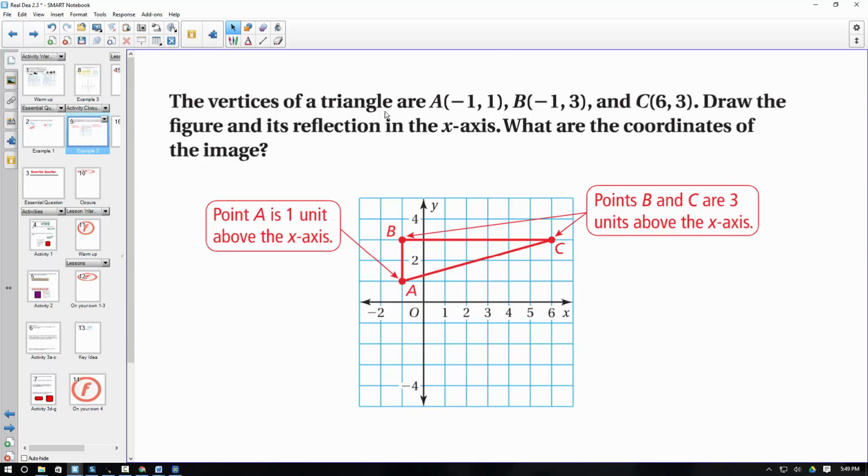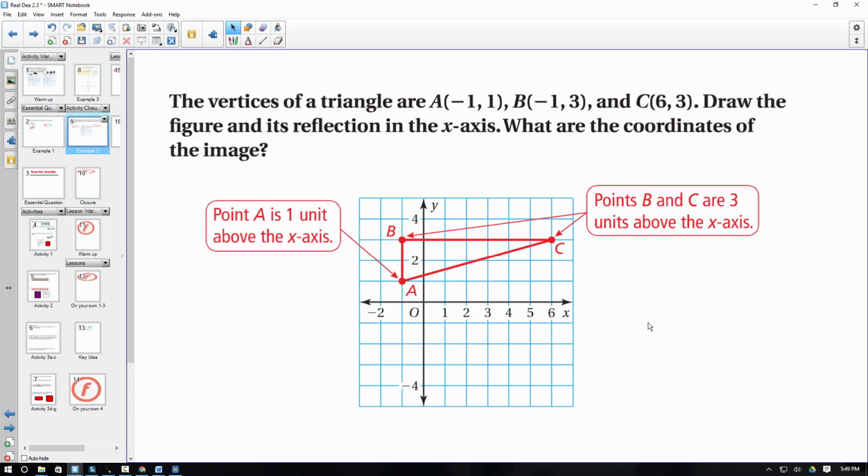For this one here, it says the vertices of the triangle, here's what they are, and it says in its reflection on the x-axis this time. So now it's going this way. So think about how things are going to shift over. If this is going to be the mirror, this A is going to show up down here. So we're actually moving the y value, aren't we? It was a positive at first, like this ordered pair is negative 1 and positive 1. Now it will be negative 1 and negative 1.